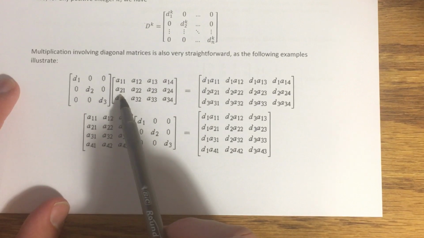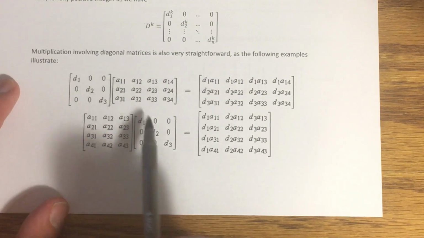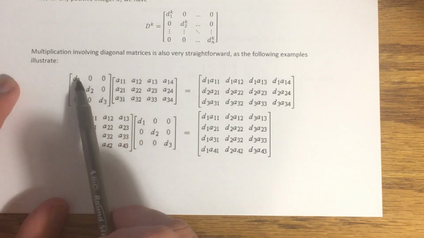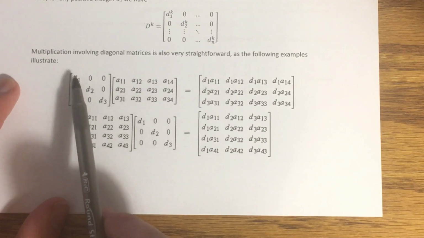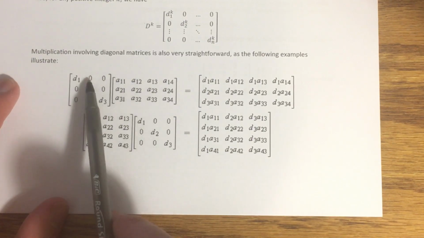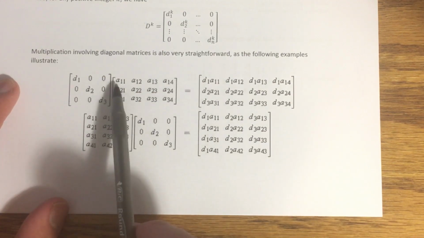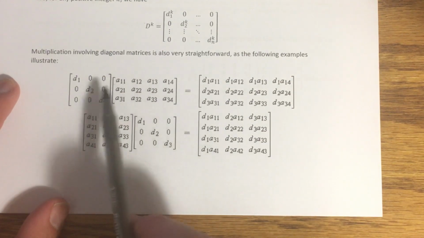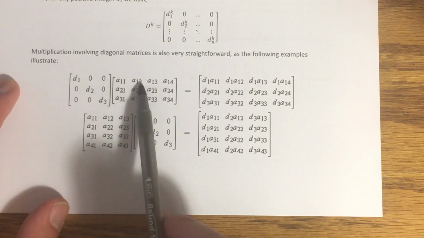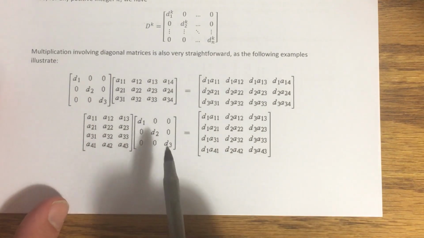And you can see that if you compute this first row, pick up a column, drop it on this row, everything except for this first term here is going to be multiplied to a 0. So the only thing I get in this first entry here is D1 times A11. Similarly, D1 times A12 will be this entry, and so on.